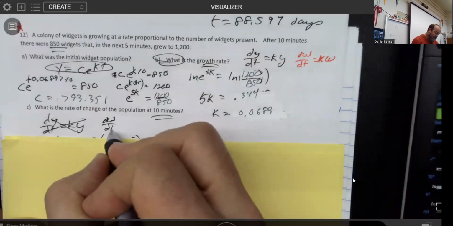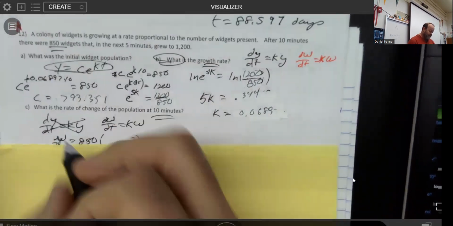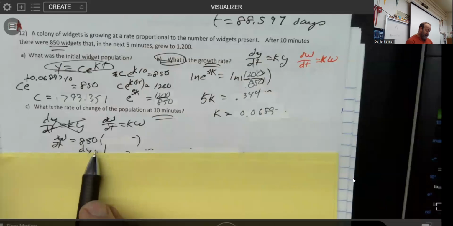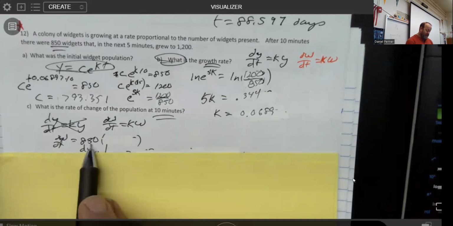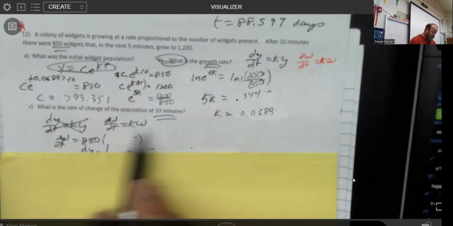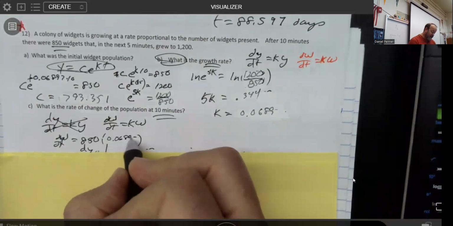d widget/d time equals k widget. Now, that means d widget/d time at that value. Well, I already know that the number of widgets we had was 850, and I know that my K value is 0.0689.